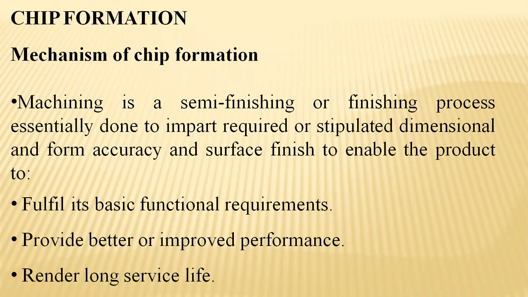The basic parameters required to fulfill the basic functional requirements are the electrical power supply, tool, and the conditions for it, material fixations; it all plays a major role. And to provide better or improved performance, and even render a long service life also.